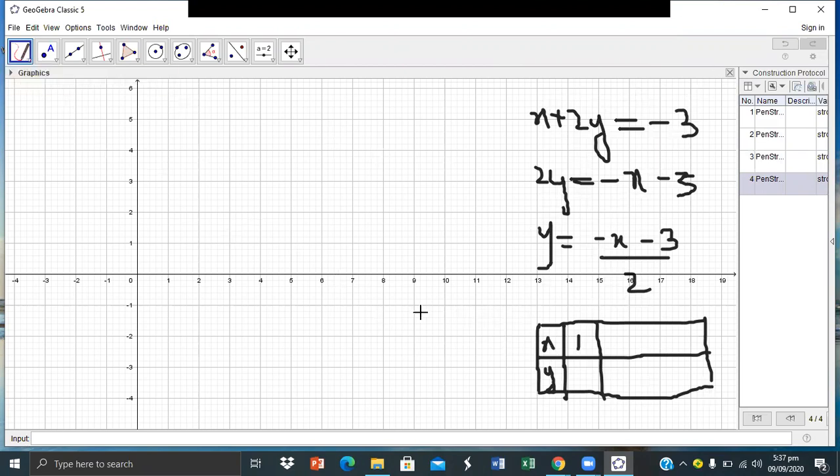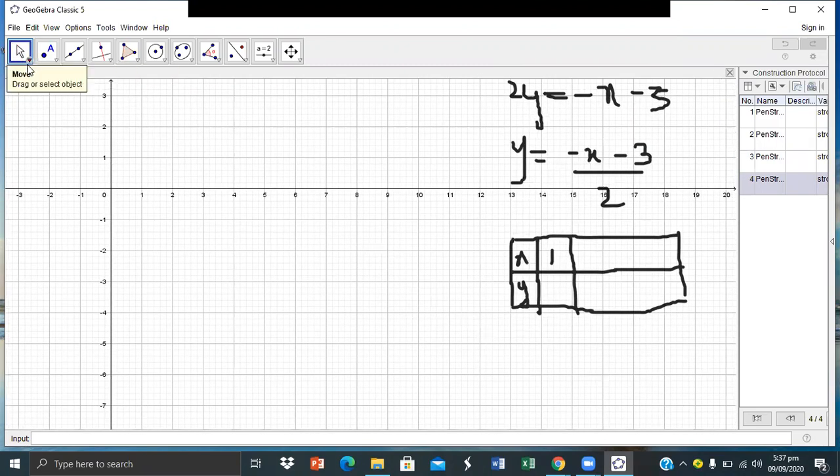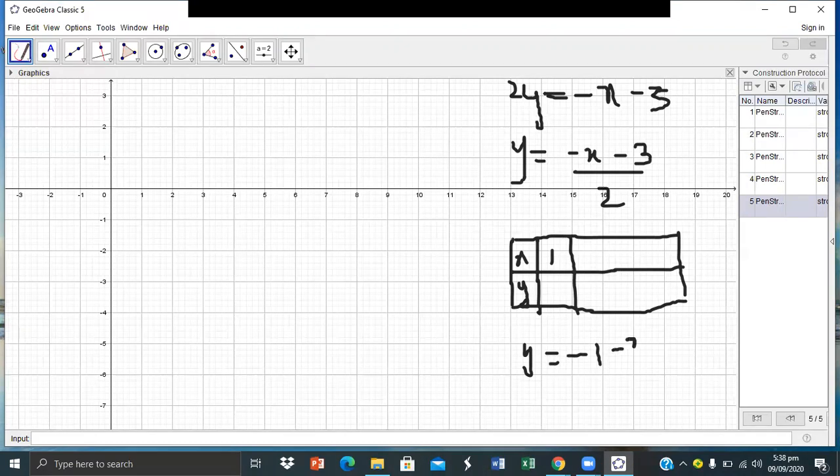So I place the value of x as 1, and let's see what we get. If I place x as 1, y equals minus 1 minus 3 over 2, that is minus 4 over 2, which means minus 2. So if I place x as 1, we get y as minus 2.